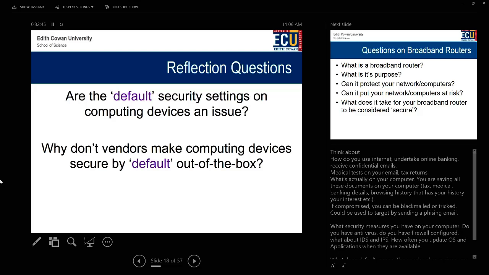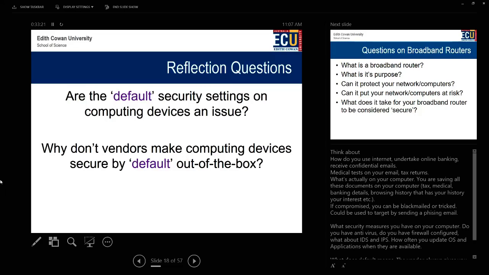Why don't vendors make computing devices secure by default out of the box? If you go to JB Hi-Fi, purchase a broadband router, bring it home and plug and play, you will be happy that your broadband is working. Or even if you have a connection from iiNet or TPG or any broadband internet provider, if you plug and play that device and it starts working, you will be happy that you can Google now, and you've got a speed of 50 megabits per second.